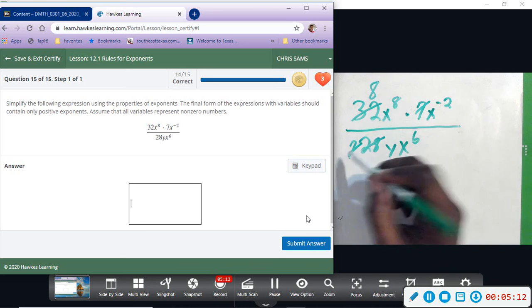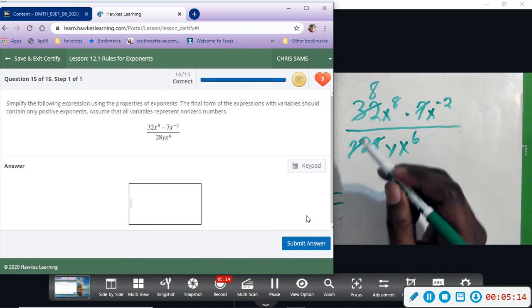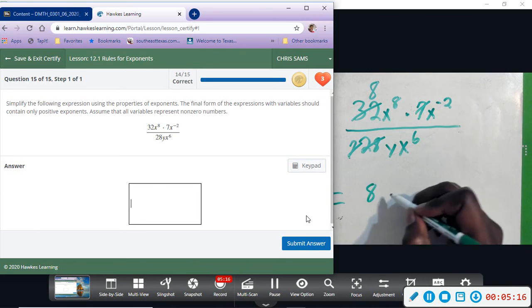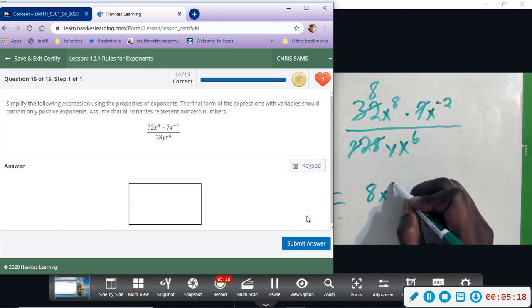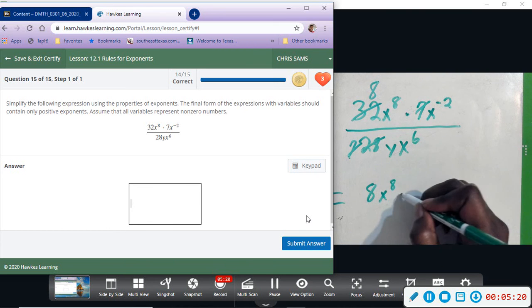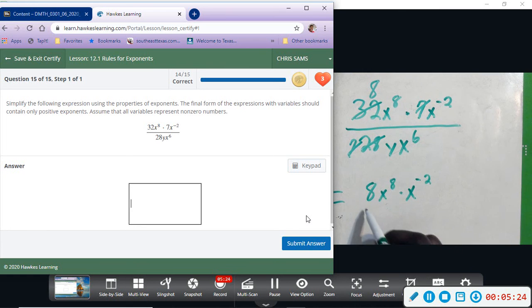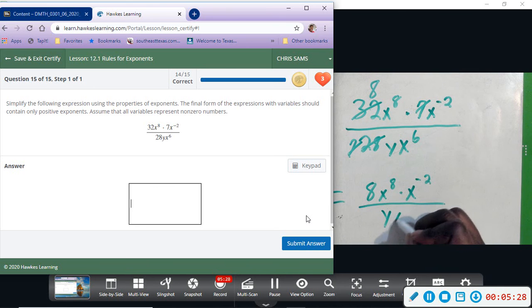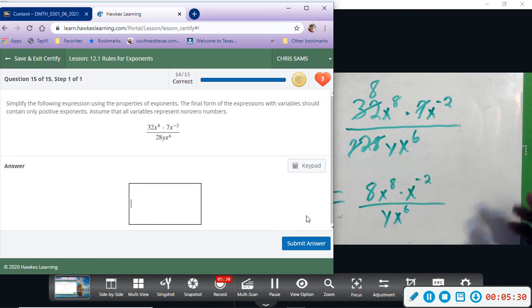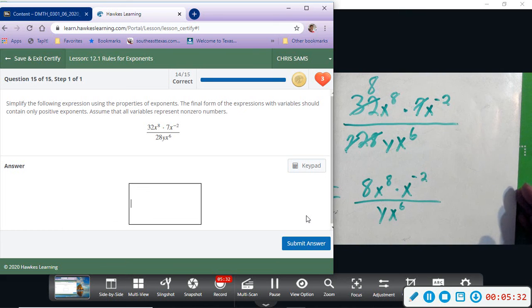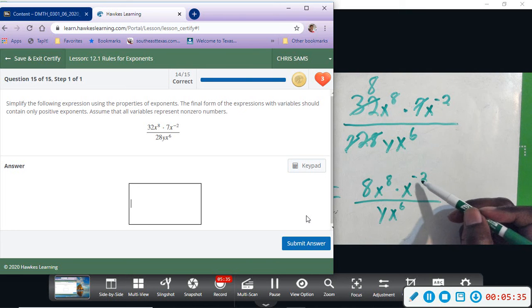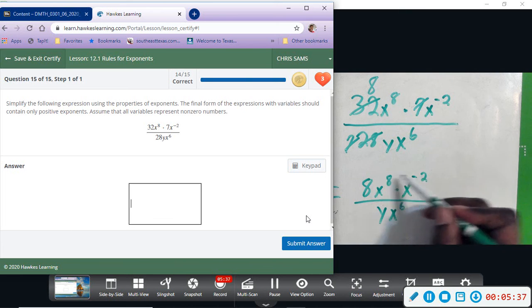So my numbers, I'm going to rewrite this expression. I have an 8, and then x to the 8th, and then times x to the negative 2nd, over, and all these numbers divided out, y, x to the 6th. Okay. I can go ahead and subtract these.